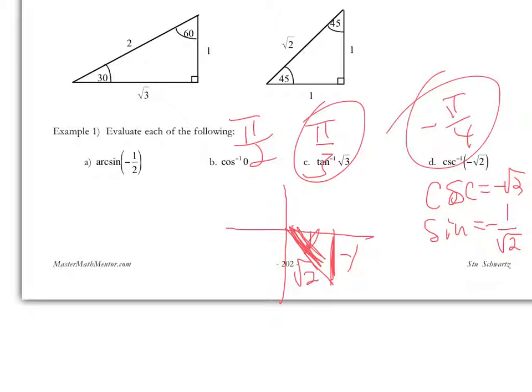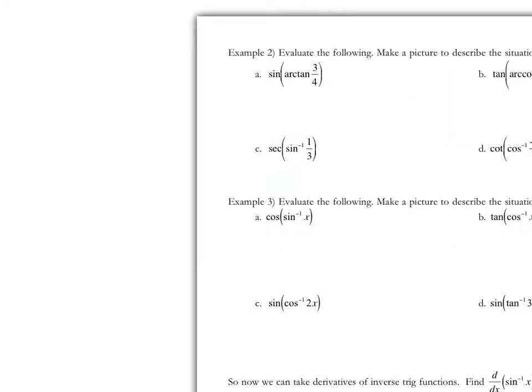So how do we evaluate these compound trig and inverse trig functions? You did some of this last year, but people tend to need some review. So we start on the inside, and they're telling me that the arctan of some angle equals 3/4. So I'm going to think about this as, hey, the tangent of some angle equals 3 over 4.